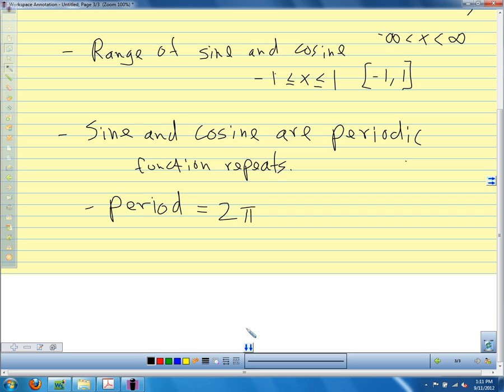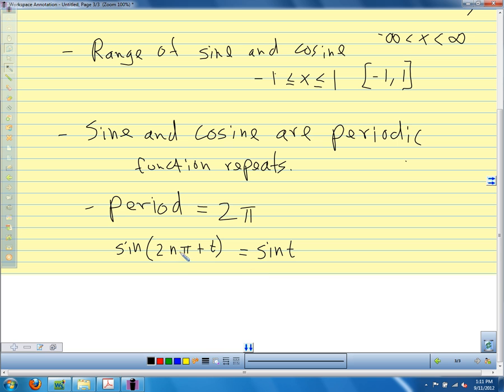Or any multiple. If I went around 4 pi, or 6 pi, or 8 pi, any multiple of 2 pi, if I go around more times, I still get the same numbers. The way we write that is that the sine of 2n pi plus t equals the sine of t.